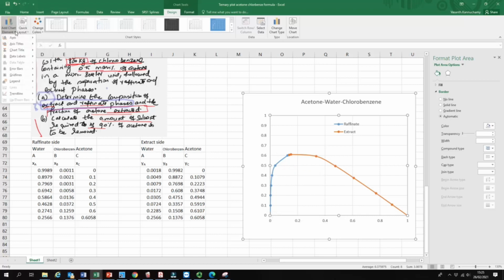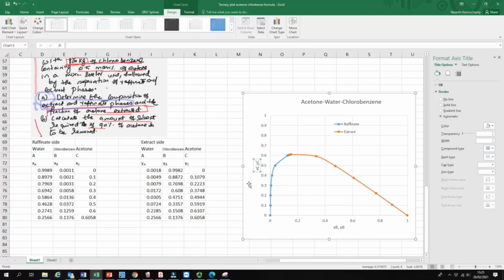If you want, maybe I can even add axis titles if you don't remember. What we have on the x-axis is XB, YB, and what we have on the y-axis is XC, YC.